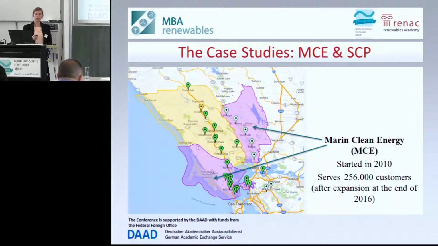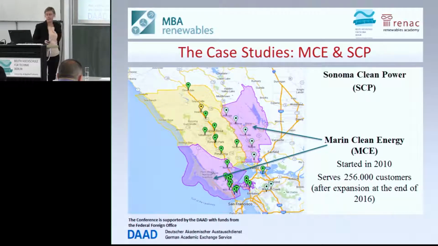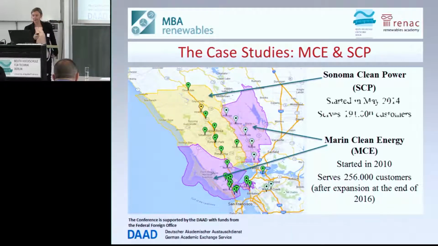They started in 2010 and currently serve 256,000 customers, after the expansion again in 2016. The second one is called Sonoma Clean Power, and it's here in the yellow. I wanted to make it orange, but it's actually a yellow area. They started in May 2014, and they serve 191,000.